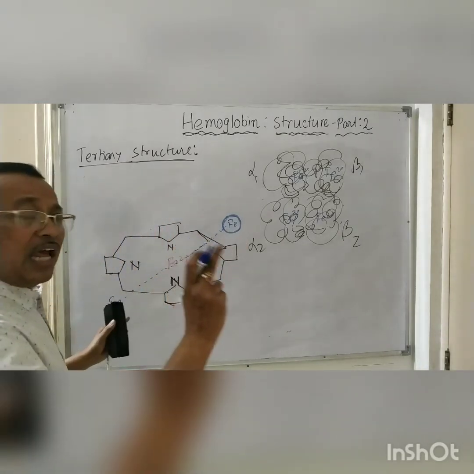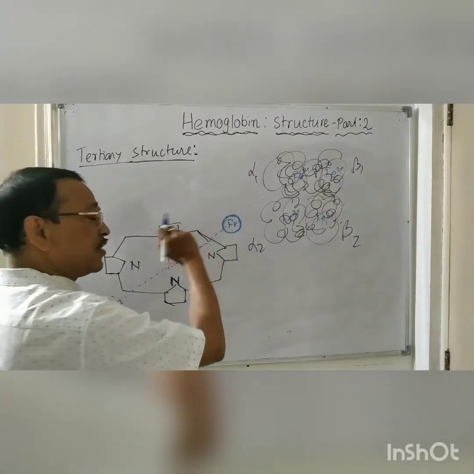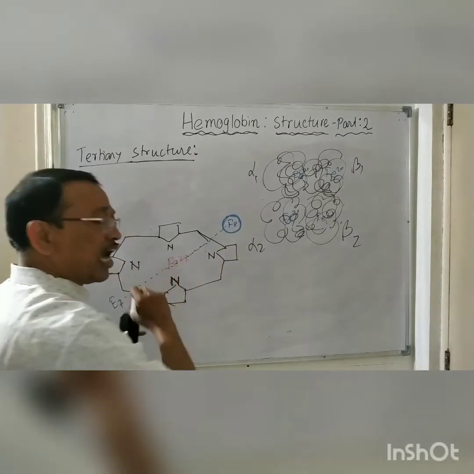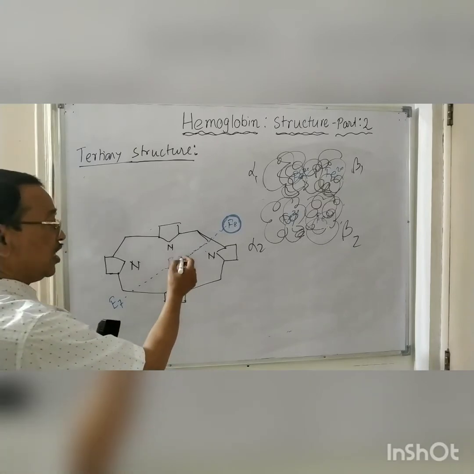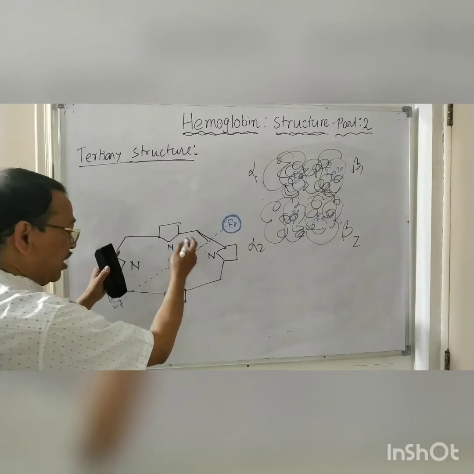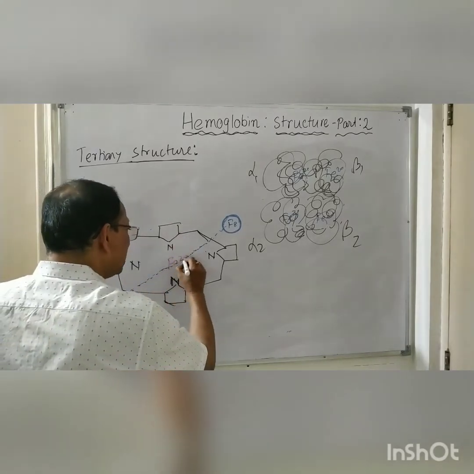That is, in the heme ring, the E7 and the F8 residues are in this plane, the ferrous ion is there, and the heme molecule is perpendicular to this axis, this plane.